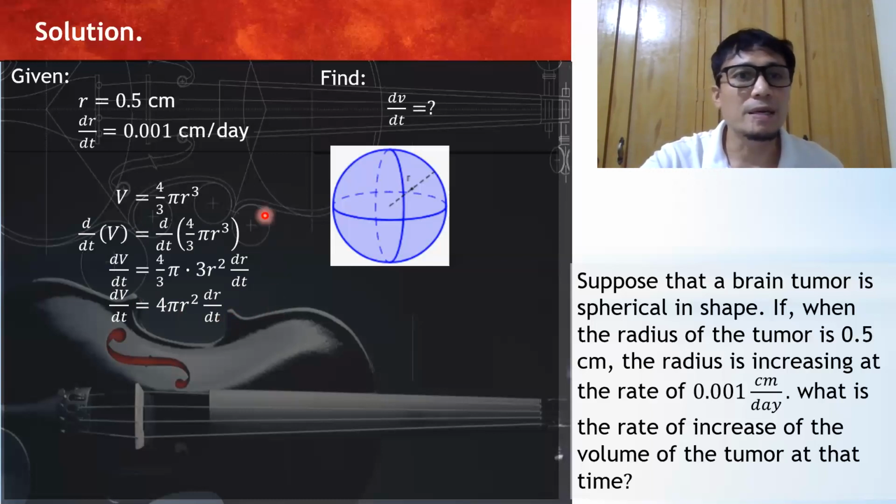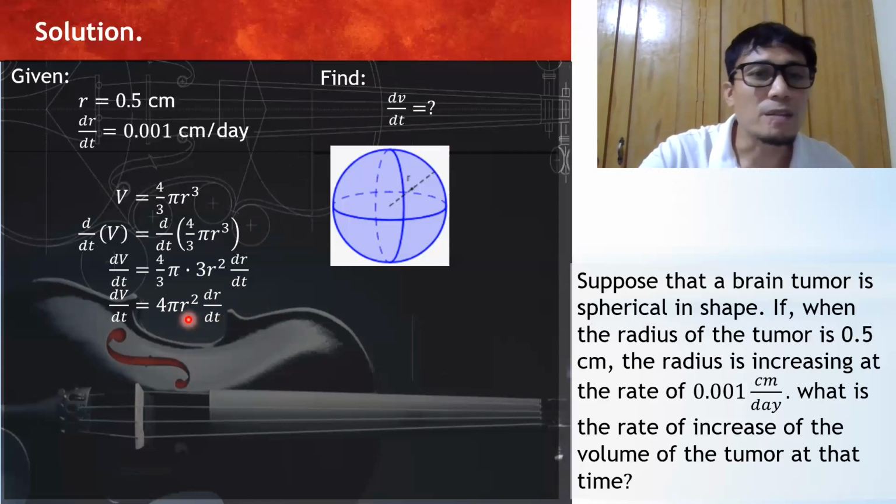Again, take note that we are looking for dV/dt, the rate of increase of the volume of the tumor at the time when the radius is 0.5 centimeters. And the quantities are r and dr/dt.